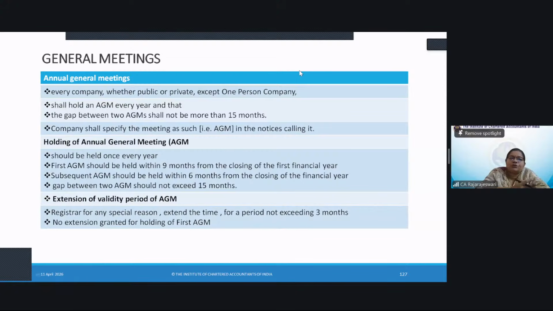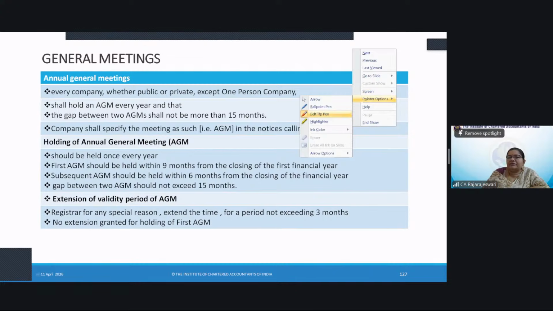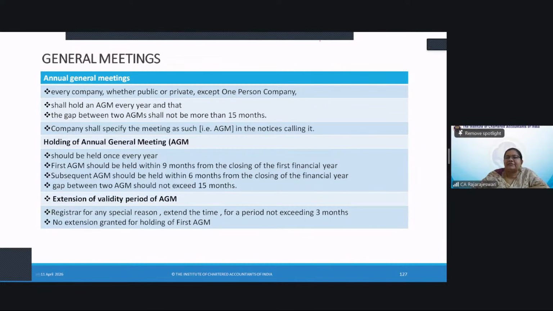When it goes to the court and it is proved, then the penalty is levied. Or if the member complains, he can move the court, and if the company is found guilty, it should pay the penalty. That is the concept.